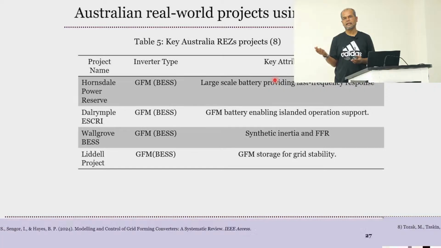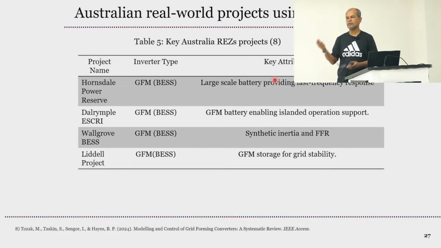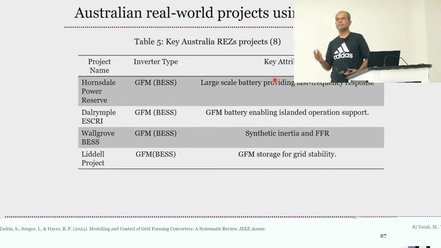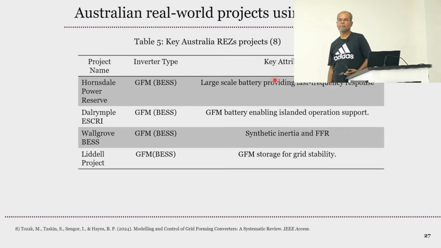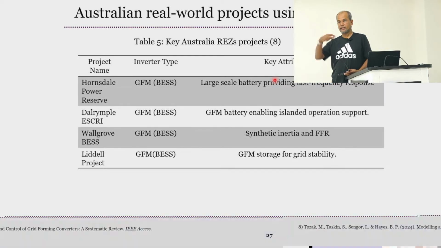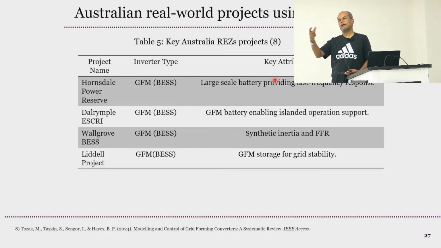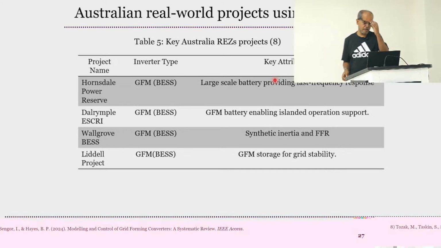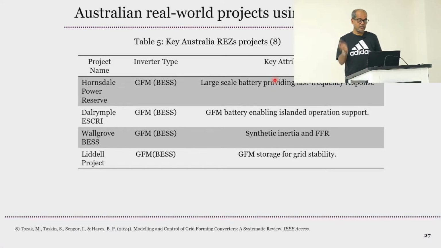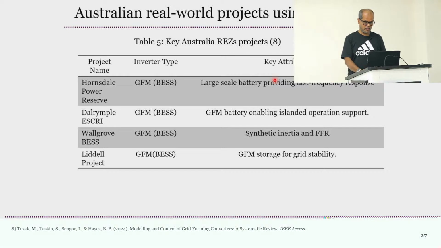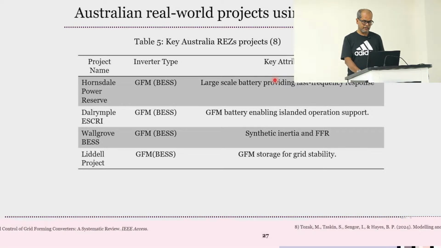In Australia, as I said, there are also many companies for virtual power plants. If you make a contract with them, they will pay you monthly, whatever the agreement you have, through the battery. That's also how you can make money, and at the same time you are helping the grid as well.